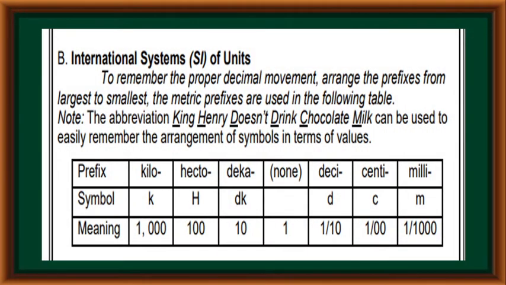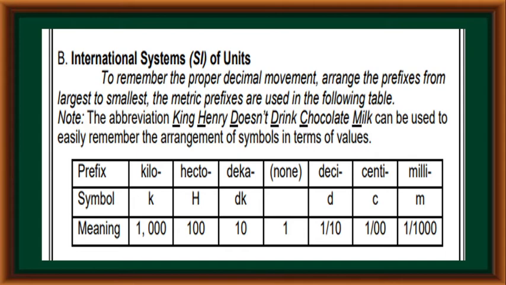Okay, so for letter B, we have the international systems of units, or what we call the SI units. To remember the proper decimal movement, this concept was already discussed in our week number 1. Arrange the prefixes from largest to smallest.